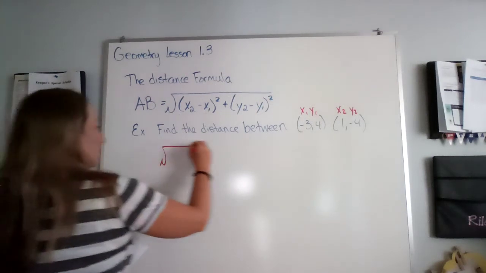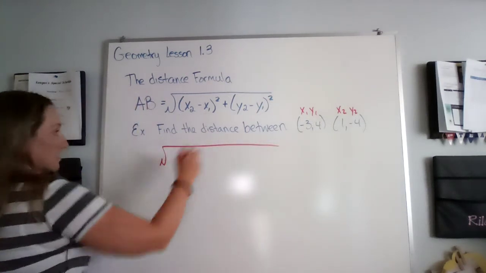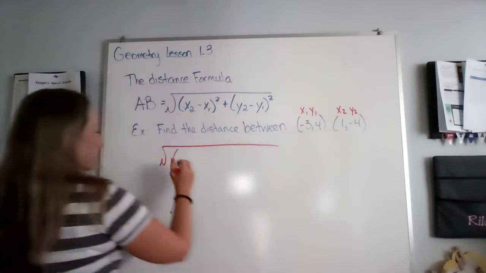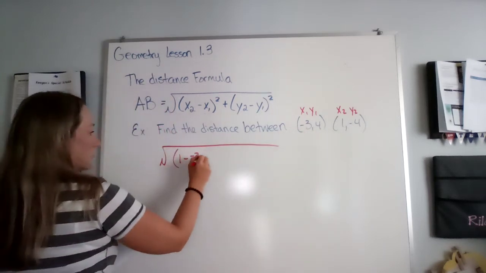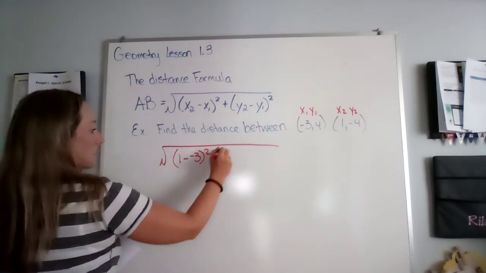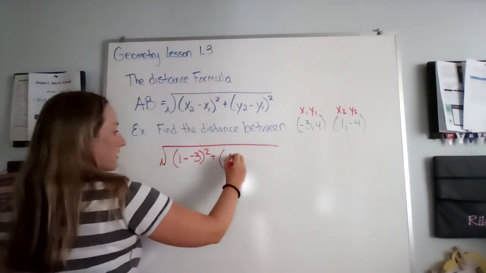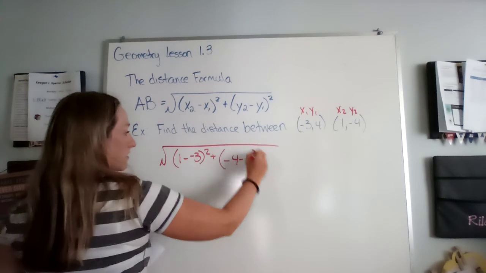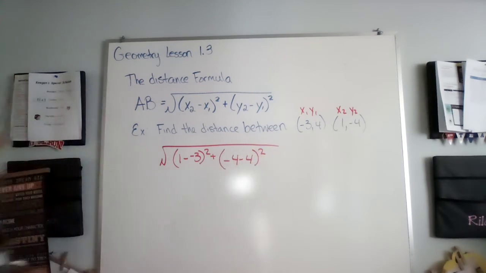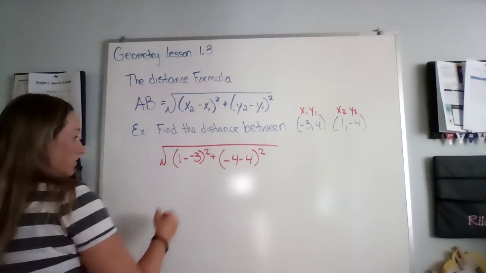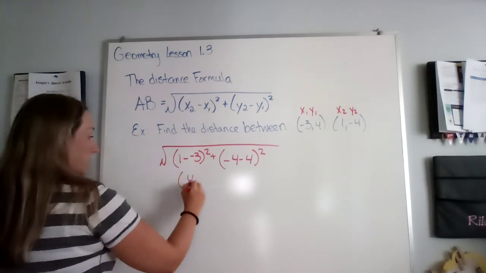So it's the square root of the difference of the x's. So 1 minus -3 squared plus the difference of the y's. -4 minus 4 squared. All right, 1 minus -3, same change. So that's really 1 plus 3, so that's 4 squared.